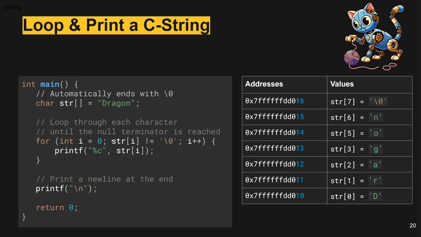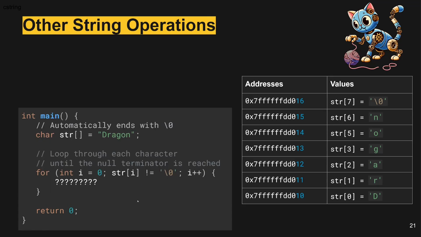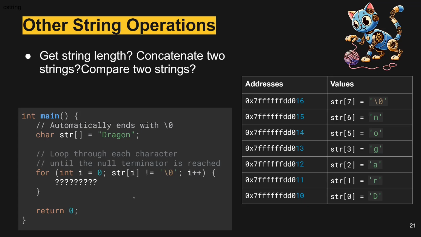This is agnostic and could handle a string of any size because it's specifically looking for the null terminator on the end. Then we increment i++, and so this will loop through the C-string and print out each character individually. And then when it reaches the \0, it'll break out, it'll print the new line, and it'll return.